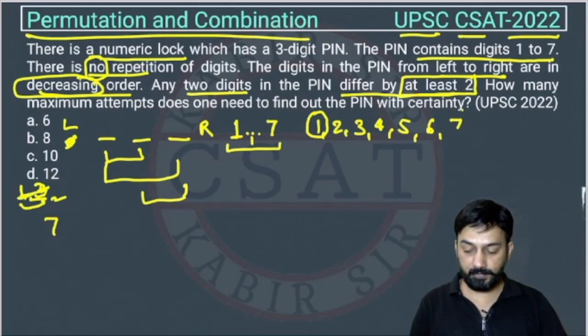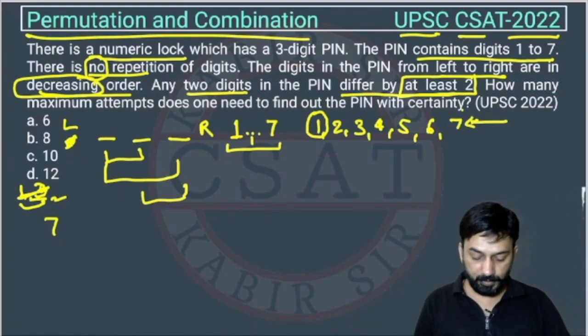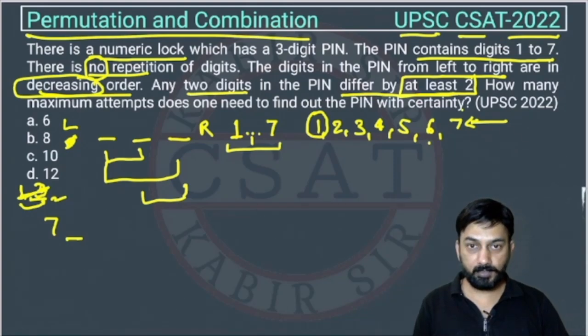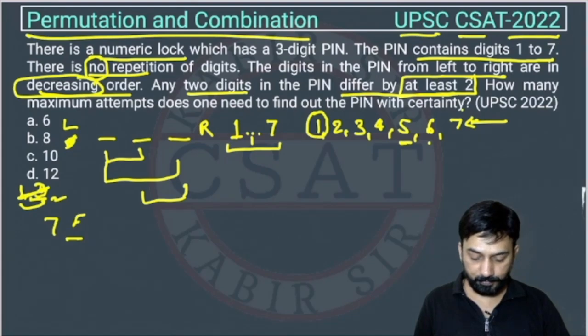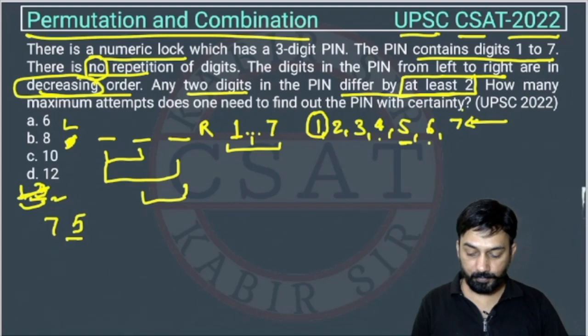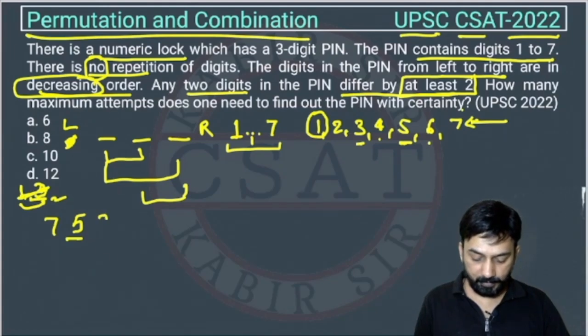So we start with 7 from the back side. If this is 7, then the next digit cannot be 6 because the difference will be less than 2. So the second digit can be 5. After 5 the digit cannot be 4, so the next digit can be 3. One password can be 753.